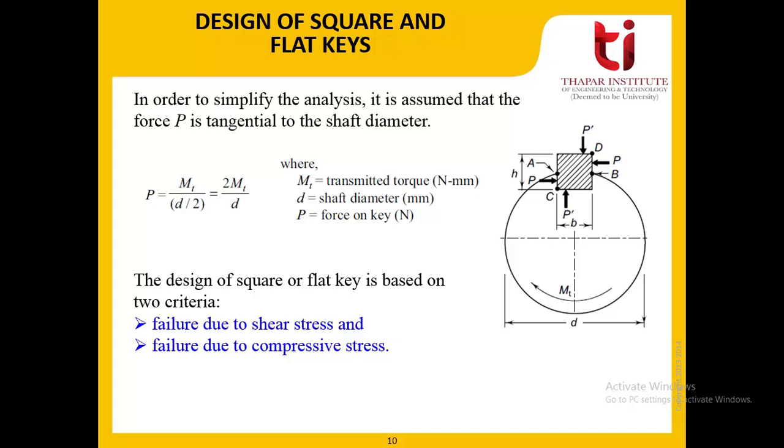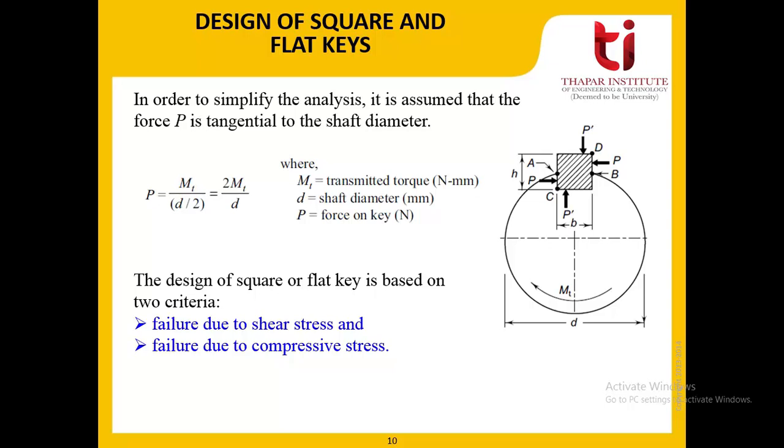Here also the key is subjected to forces P. Now one can visualize the force P in two ways: P is trying to slice down the key, or P is trying to compress the key. In both scenarios the criteria of failure will be different.